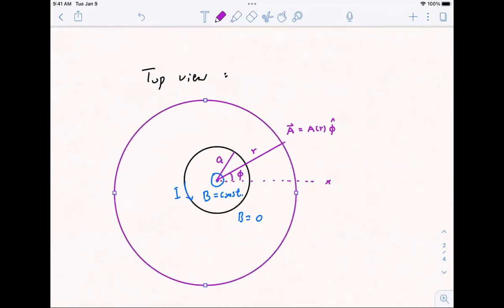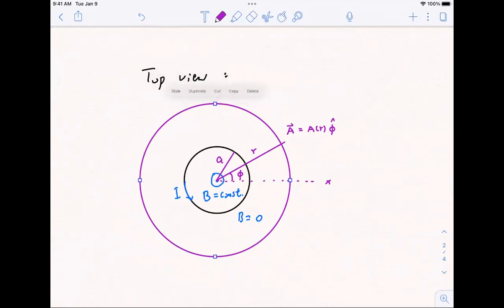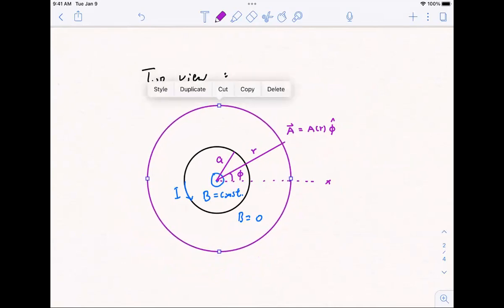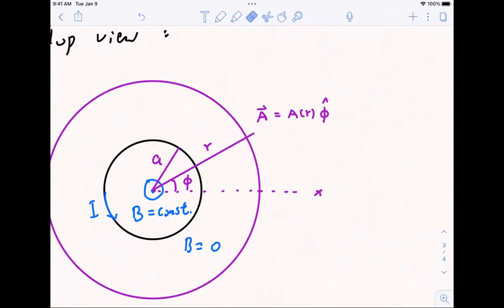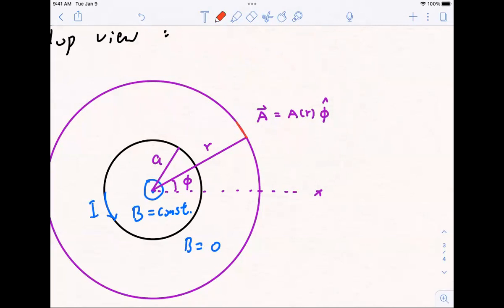The A needs to be something like that, so this will be the A. It will go in the tangential direction.